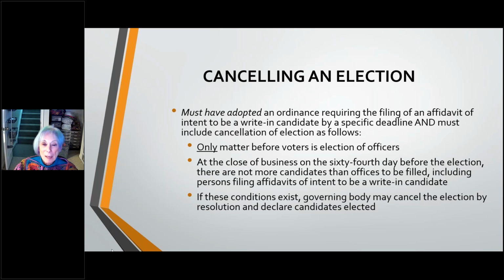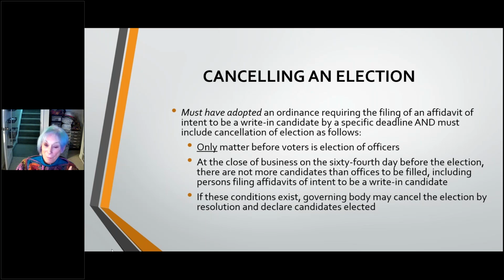It sets a deadline for filing a notice of intent to be a write-in candidate, and you should have that deadline in your calendar, and I believe it's 64 days before the day of the election. So that's part number 1. And then the second part says that if on, and again, I don't have these numbers in front of me, but they should be in your calendar, I think it's 63 days before the day of the election.